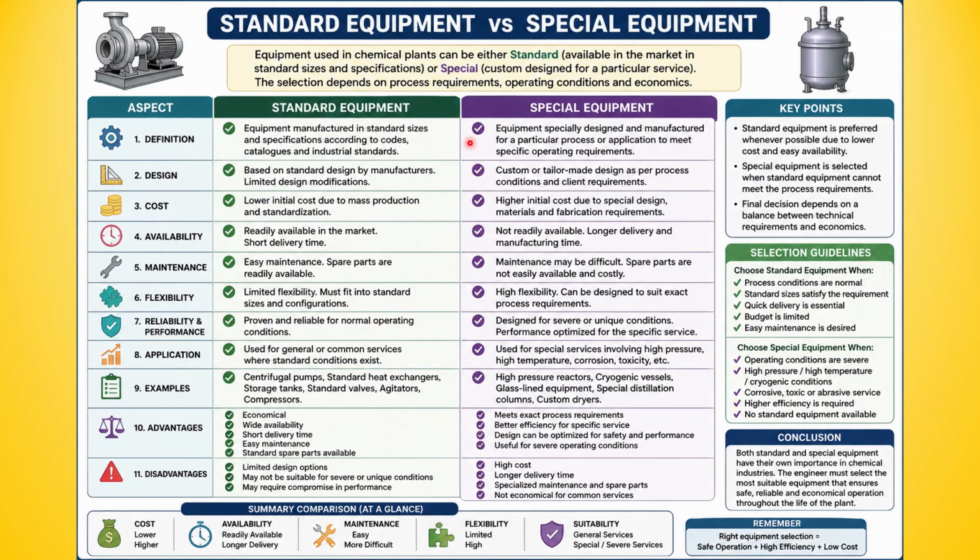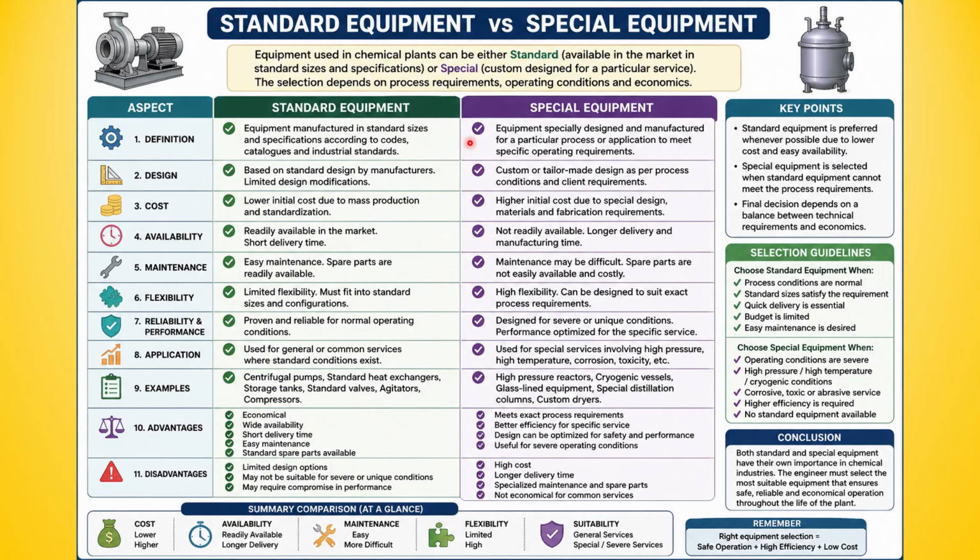See, standard equipment is manufactured in standard sizes and specifications by several manufacturers. It is readily available, economical, easy to install, and replacement parts are easily obtainable. On the other hand, special equipment is custom designed to meet unique process requirements. It is used when standard equipment cannot provide desired operating conditions.